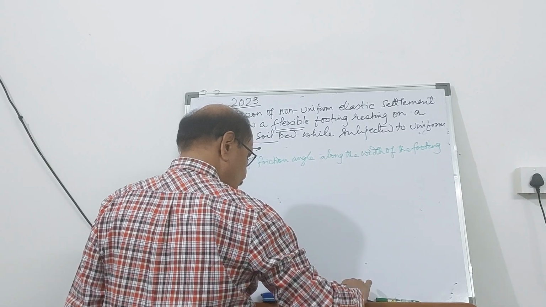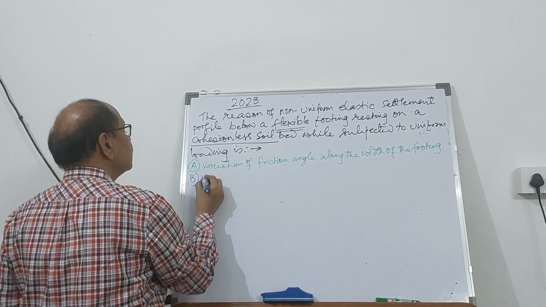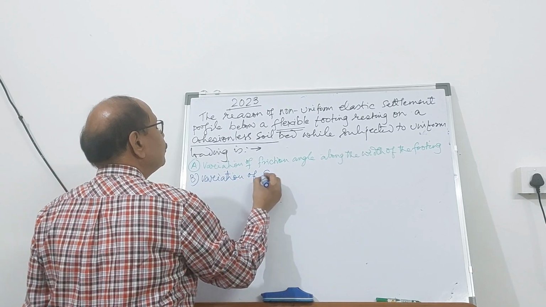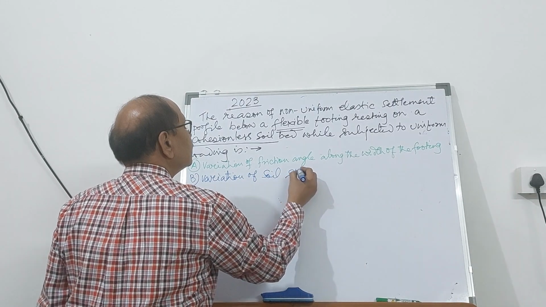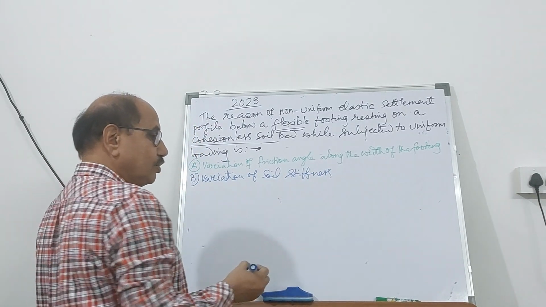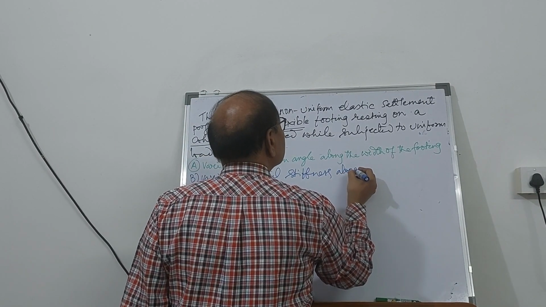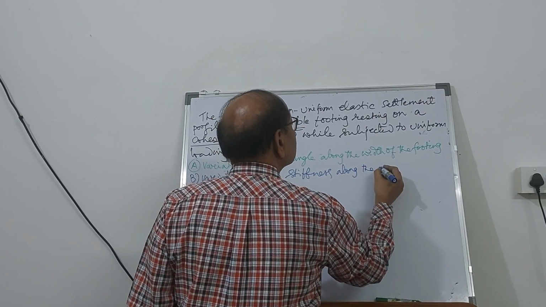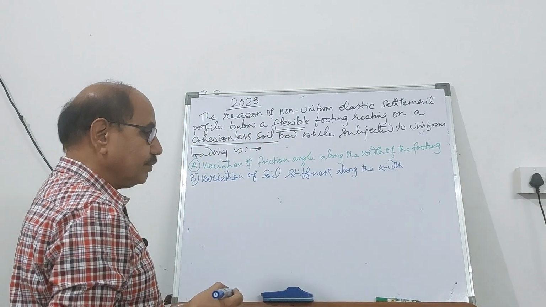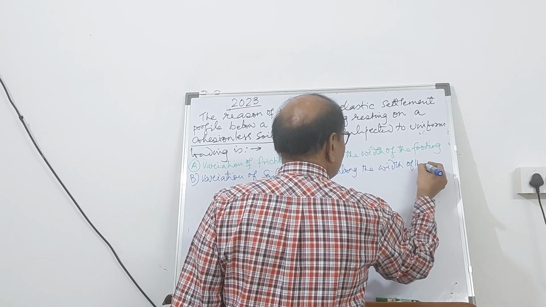The second option, B, is variation of soil stiffness along the width of the footing.